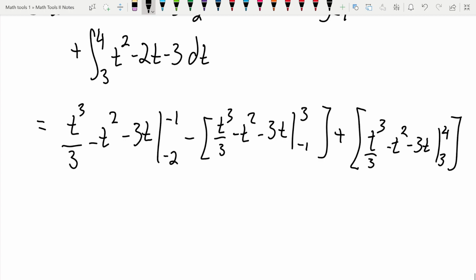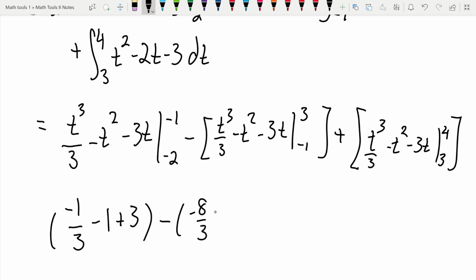Okay, so we get negative 1 cubed is negative 1. Negative 1 squared is 1. This will be a positive 3. Minus, we plug in negative 2 here, so we get negative 8 thirds minus 4 plus 6. Now we do minus 9 minus 9 minus 9.